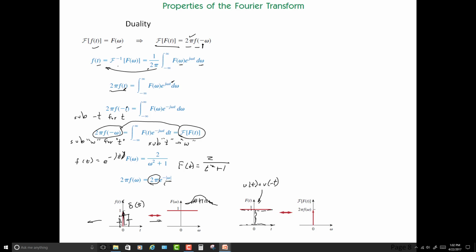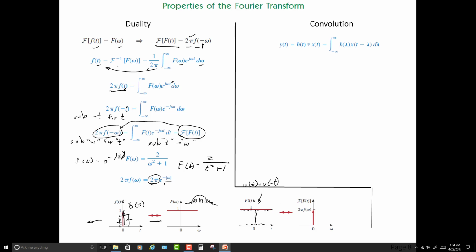All right, let's go on to our last one, which is convolution, of course. The most interesting and maybe also the most difficult. So let's take a few steps on this and see where this goes.